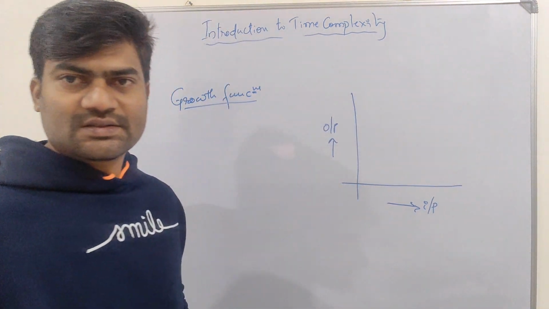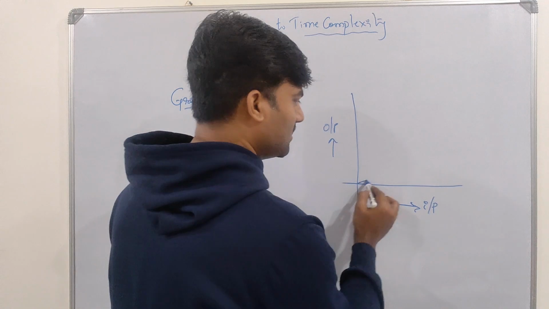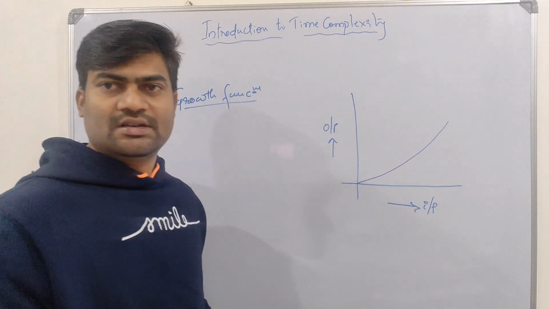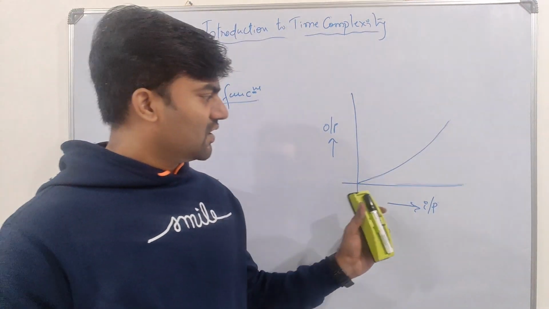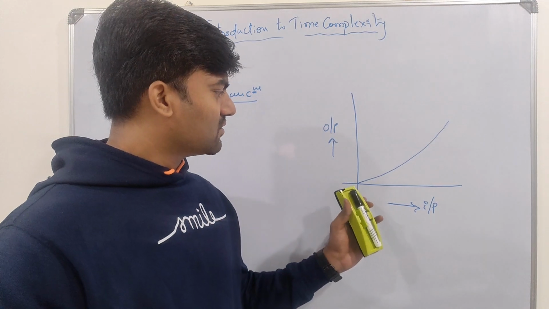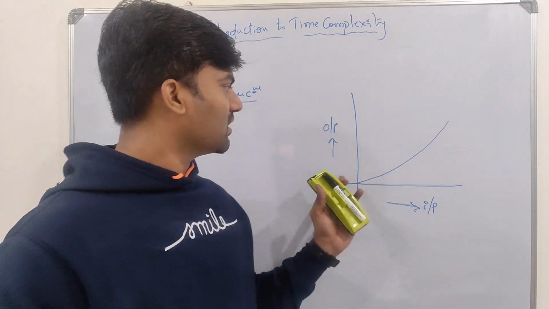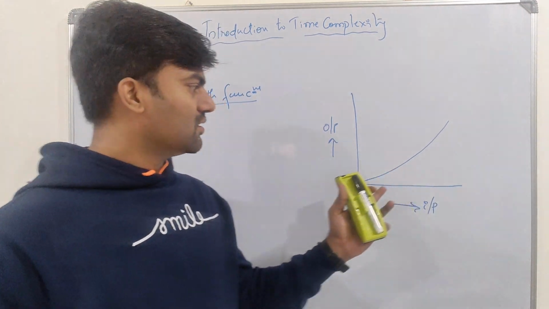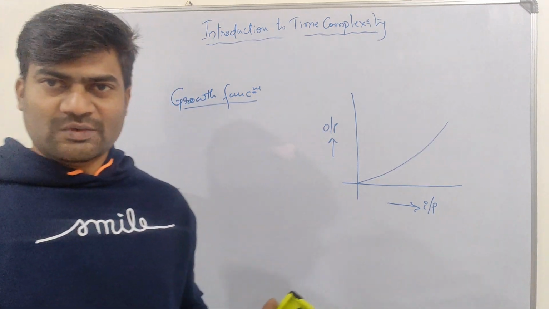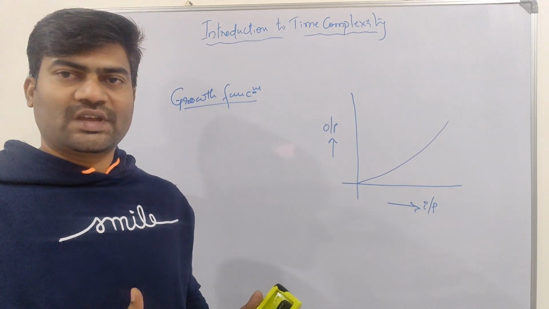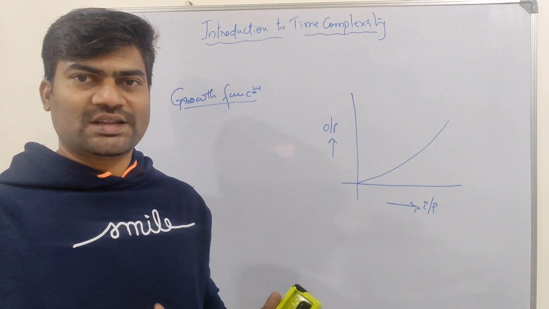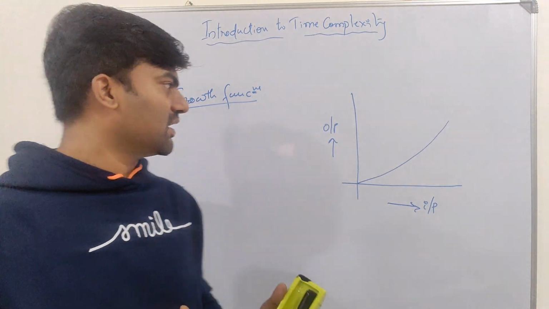As the input increases, the output also increases. If we look at this graph, as the input keeps on growing, the output is also growing. This is what is normally called a growth function. If we keep on increasing the input size, the output will increase.